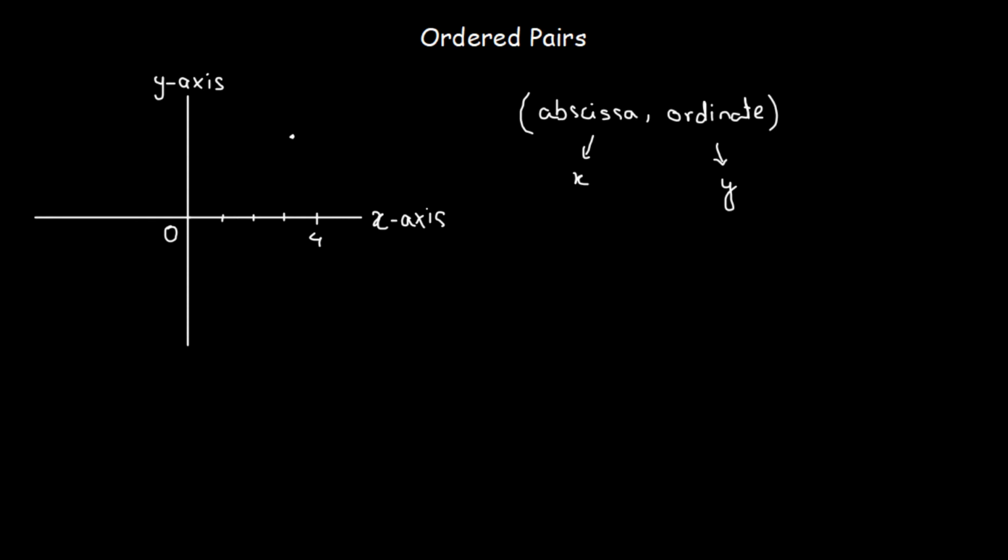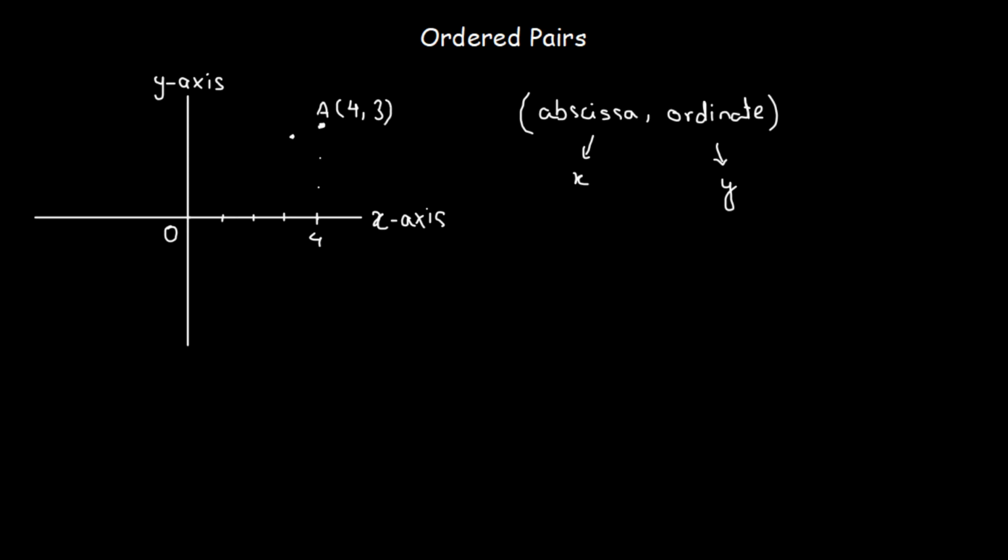The moment we reach the point where it's 4 units from the origin, from there let's start moving upwards 3 units. So we'll move 3 units, 1, 2, 3. So this gives us the location of a point, let's call it A, which is 4 units from the y-axis, and it is at a distance of 3 units from the x-axis.